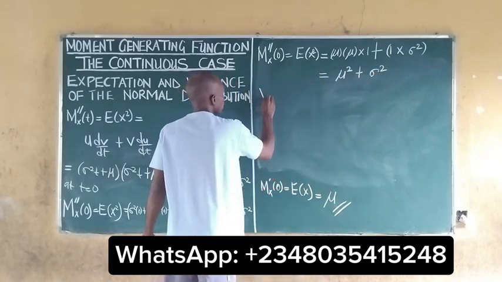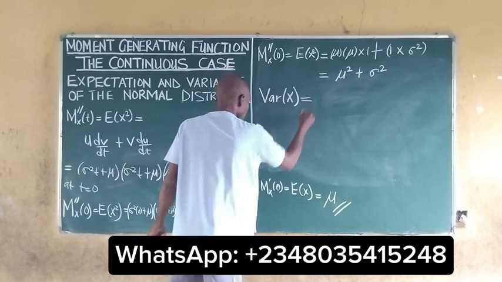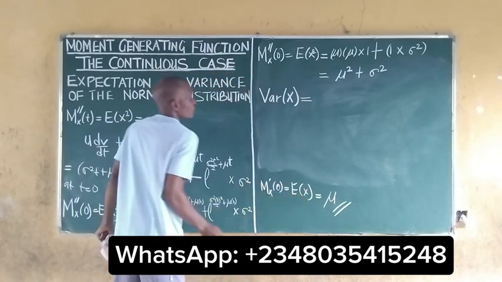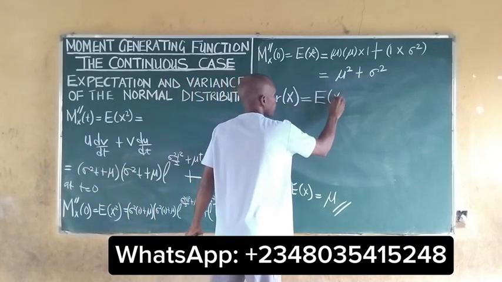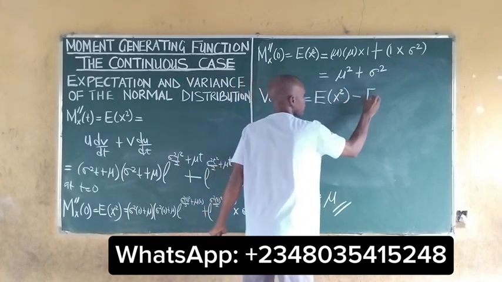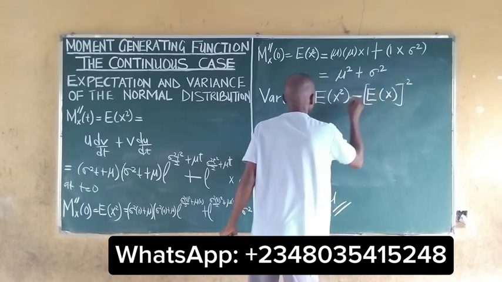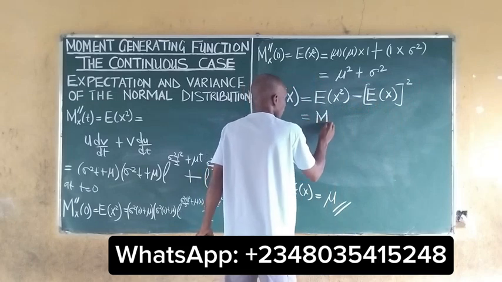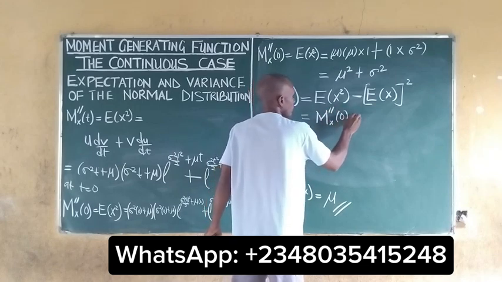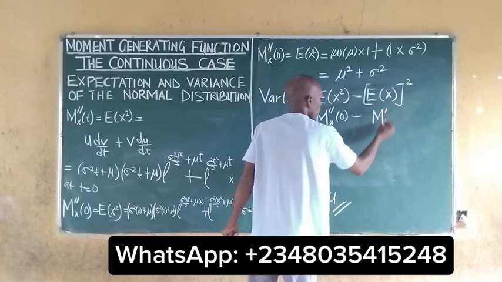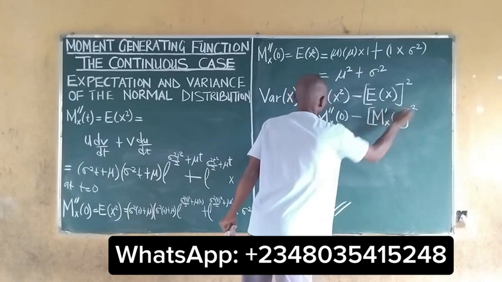Of course, if we want our variance of x, we've already calculated the expectations. Now the variance of x is the expected value of x squared minus the expected value of x all squared, which is also the second moment of x minus the first moment of x all squared.